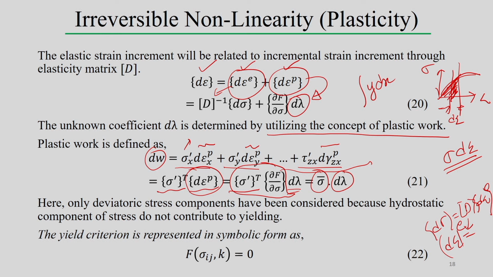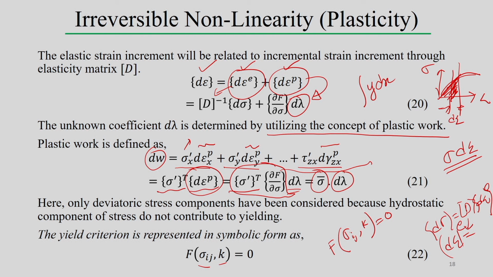In general the yield criterion is represented in the symbolic form f of sigma ij, k. This functional form has sigma ij, the state of the stress, and k, which relates to the hardening effect, the strain hardening effect.